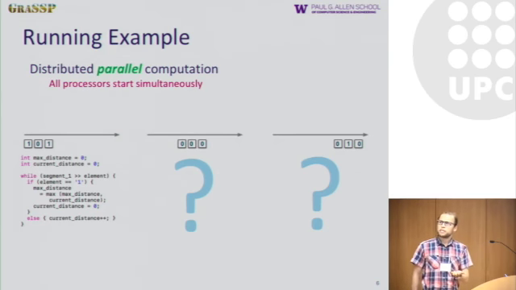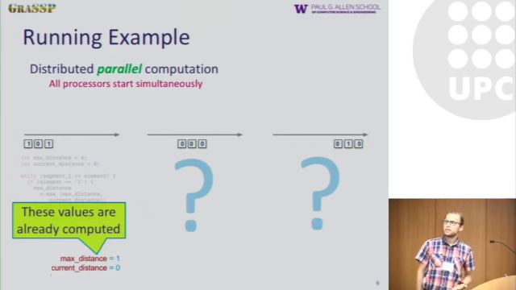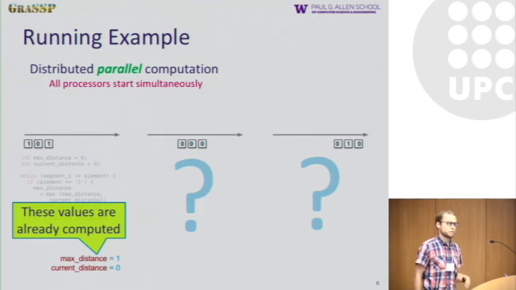Clearly, for the first segment, this requirement is fulfilled, so we can use the results produced by the original function over the first segment. That's not the case for the remaining segments. So we need to do some other analytics and produce something else in order to make it parallel.